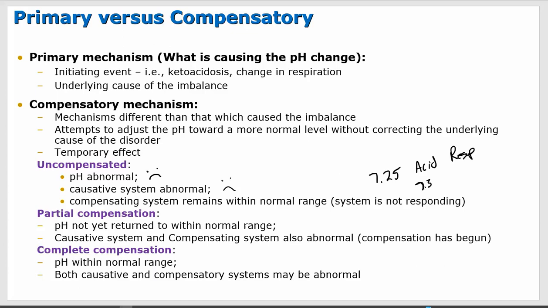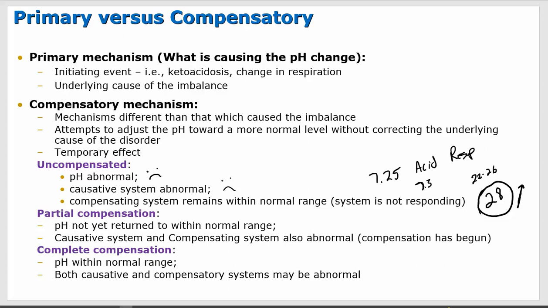But then you look at my bicarbonate, and my kidneys are coming through for me. My bicarbonate normal is 22 to 26, and it's clear up here at 28. So it's out of range, which means it's saying, hey, I got you, we're going to fix this. The increasing bicarbonate levels are trying to increase my pH.